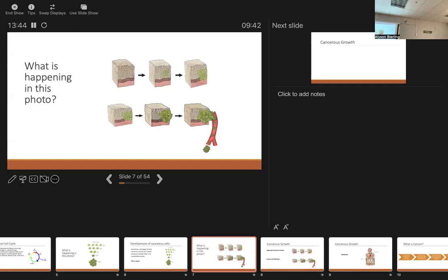Okay, so again, this is starting off here. This is our normal skin cell that we showed at the beginning of the lecture. So we have our dermis, our epidermis, and then this is what we discussed on the last slide. So we have the uncontrolled growth of abnormal cells in the epidermis. And then you can see there's step 3, 4, 5, and 6. So what do we think is happening here? Turn to your neighbor and discuss what you think might be happening.